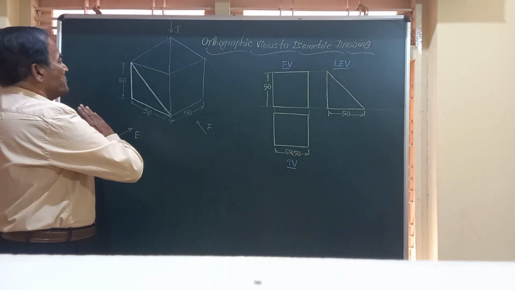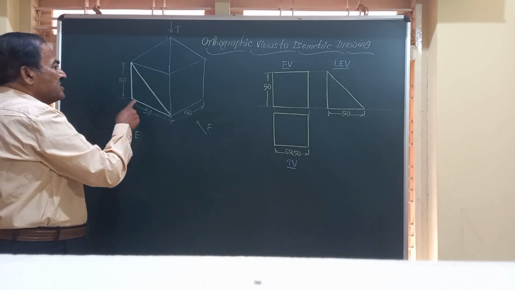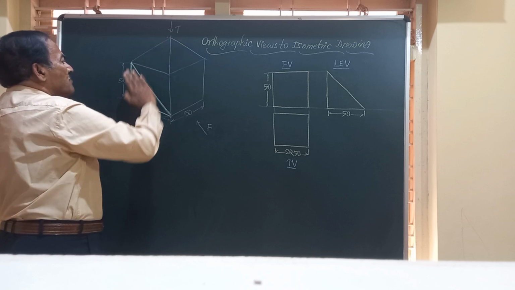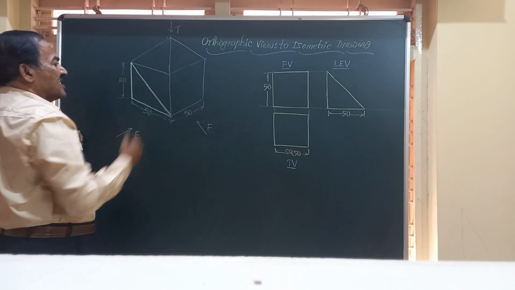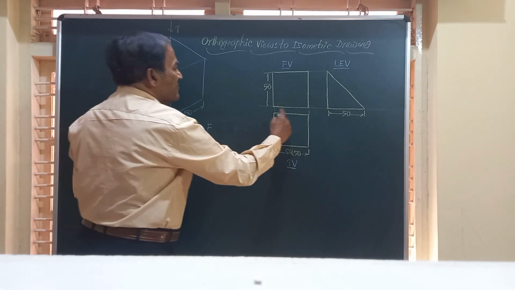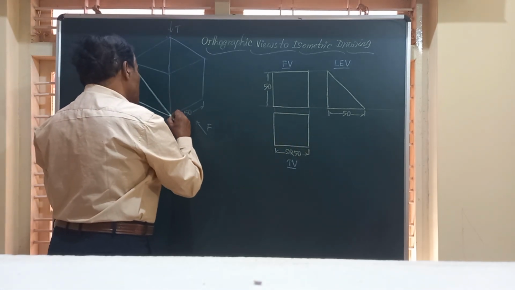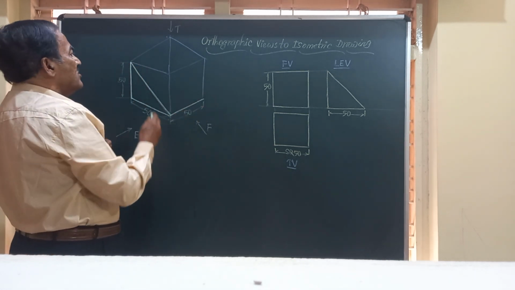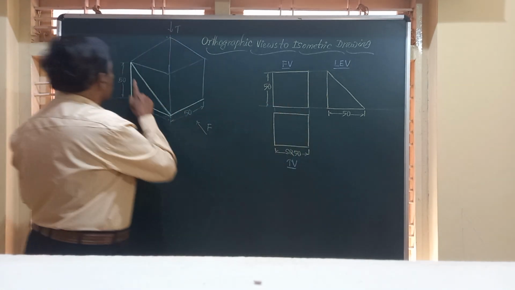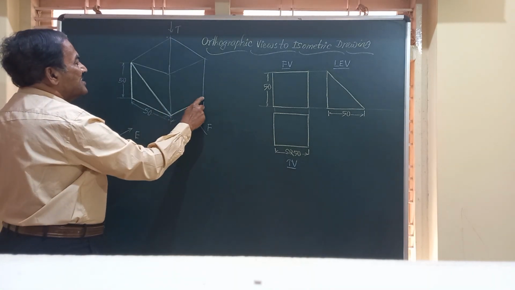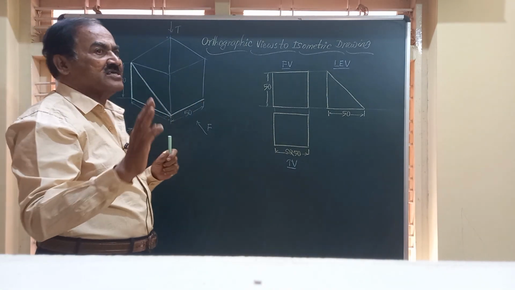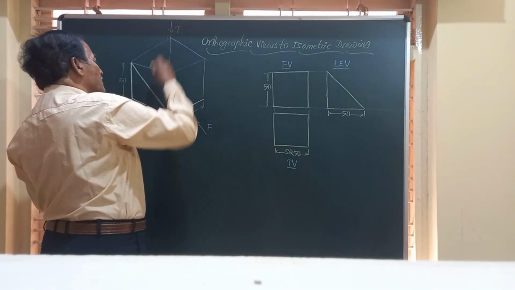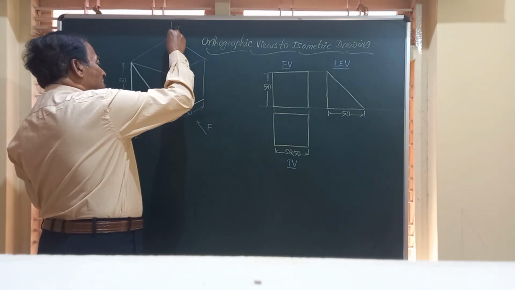Now friends, if you want to see only this triangular shape here, we have to have one more parallel or similar thing on the other end. So friends, in the front view, this is visible. So I will just mark that by a visible line. And here, since these 4 points, 1, 2, 3 and 4, are seen as a single line, there should be one more line parallel to this from this corner.